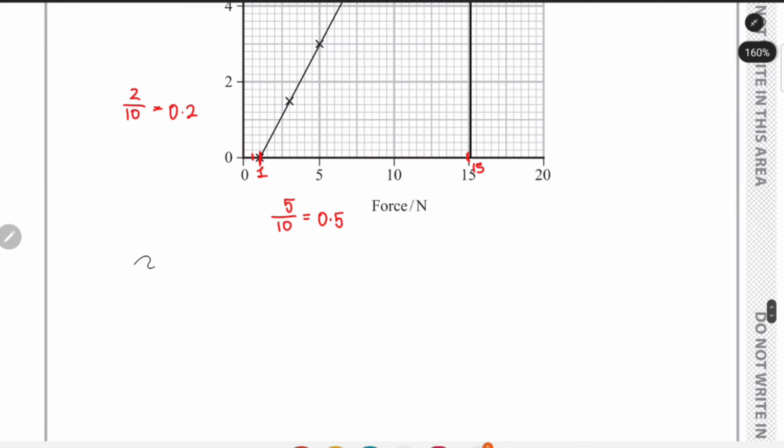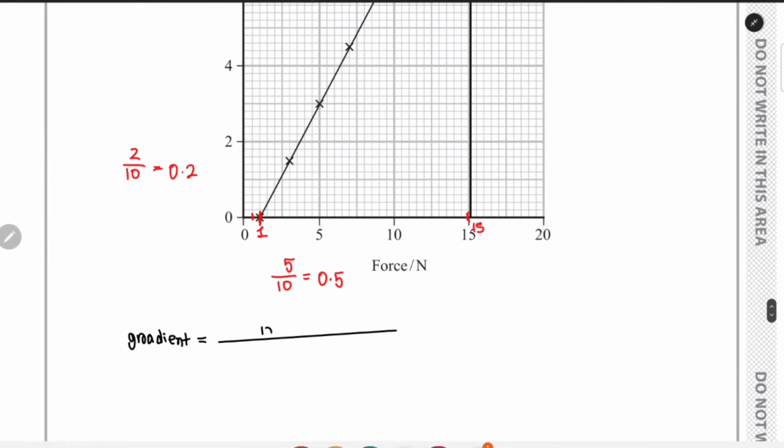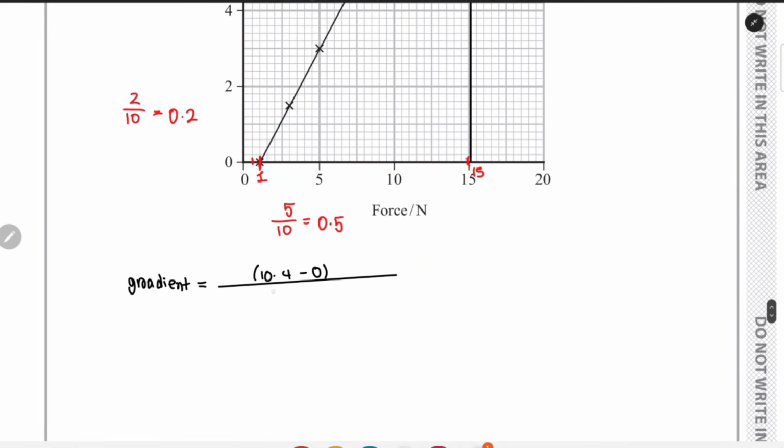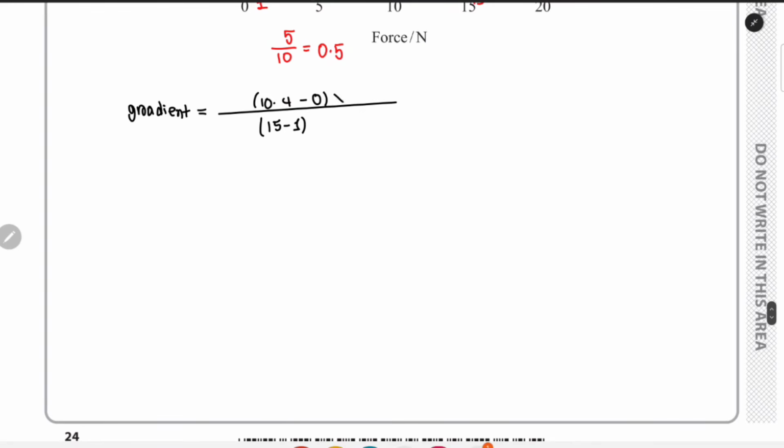So the gradient is 10.4 minus 0 divided by 15 minus 1. Now here the extension is given in millimeters. We have to convert it to meters by multiplying 10 to the power minus 3.